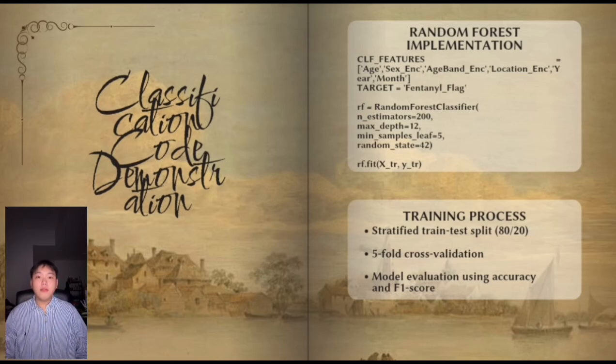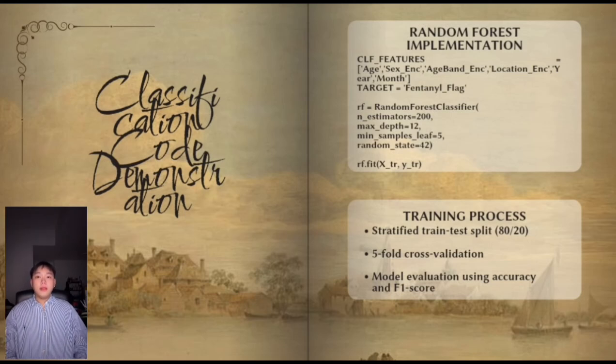The target variable is the fentanyl flag, which indicates whether fentanyl was detected. Next, we create the random forest model with specific parameters. The model uses 200 decision trees, and the maximum depth of each tree is limited to 12 to prevent overfitting.